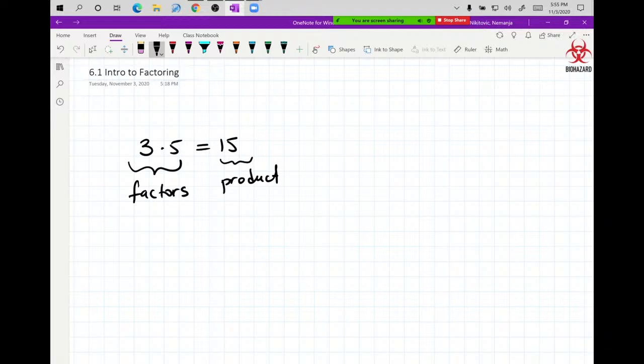Now, factoring would be starting at 15 and breaking it down to 3 and 5 so that you have 3 times 5 is 15. So the process of breaking a product into factors is called factoring.